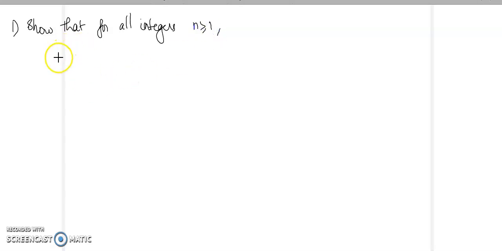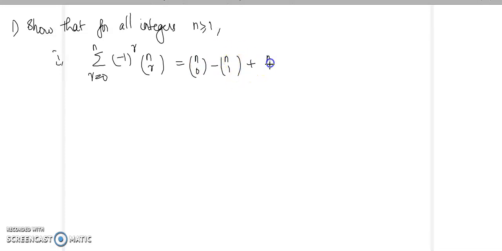So the first problem is, show that for all integers n greater than or equal to 1, summation r equal to 0 to n of (minus 1) raised to r, nCr is equal to nC0 minus nC1 plus nC2 minus etc. plus (minus 1) raised to n, nCn.